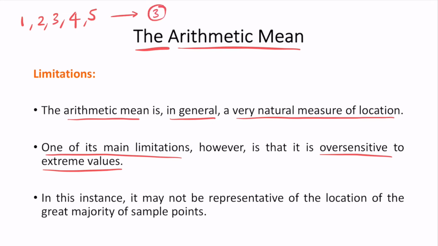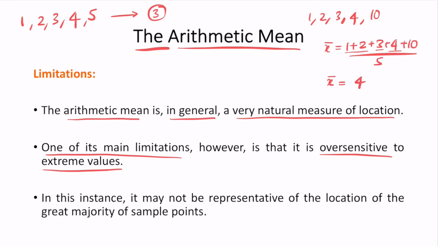But when you take 1, 2, 3, 4, and in place of 5, let's say we put 10, you end up with x bar, which is 1 plus 2 plus 3 plus 4 plus 10 divided by 5. That is 1 plus 2, 3, 3 plus 3, 6, 6 plus 4, 10, and 10 plus 10 is 20, and 20 by 5 is 4.